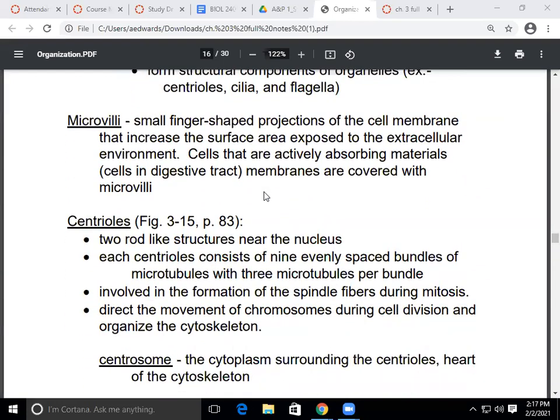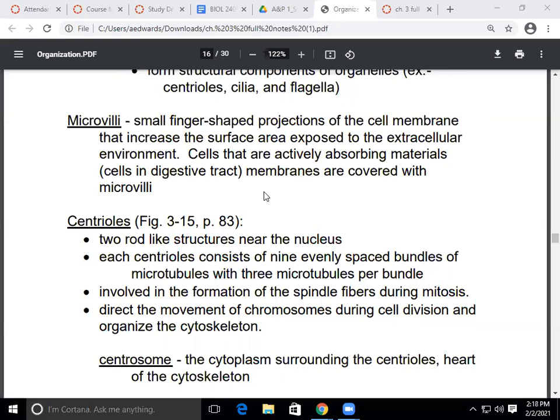All right, so the microvilli, these are small and finger-shaped projections. Again, they have these cytoskeletal elements in them anyway. These are projections of the cell membrane.